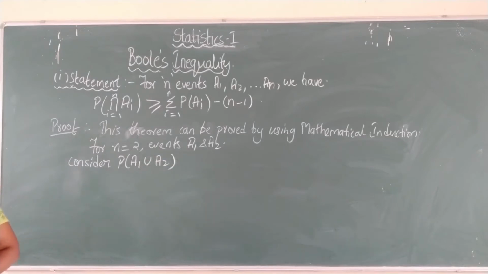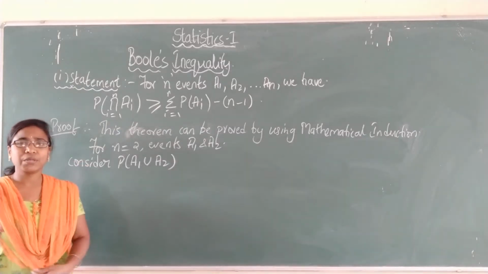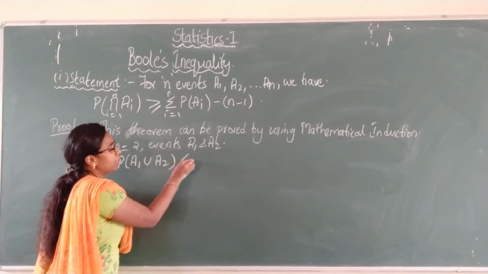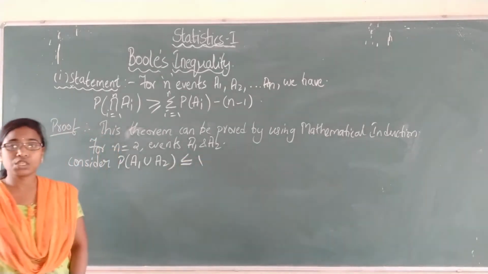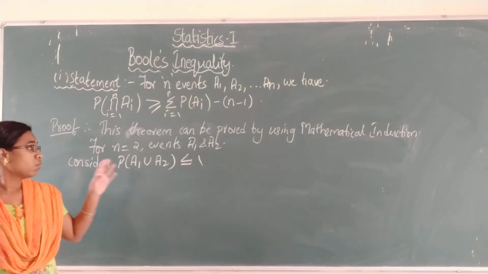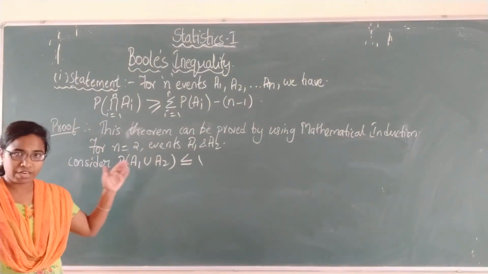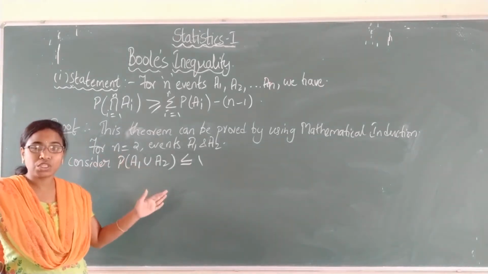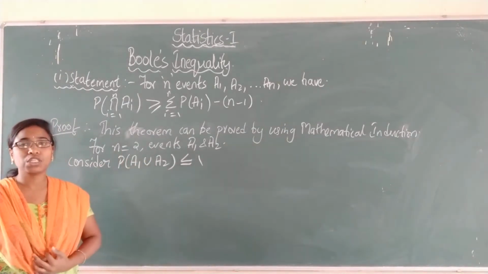We know the maximum probability value is 1, so the probability of any event is less than or equal to 1. Since probability lies between 0 and 1, the probability of any event is greater than or equal to 0 and less than or equal to 1.